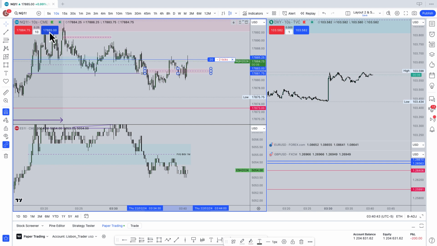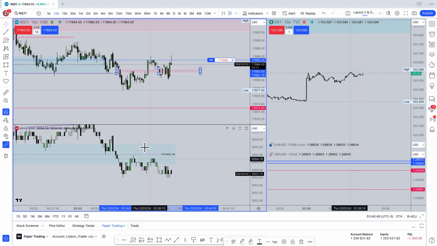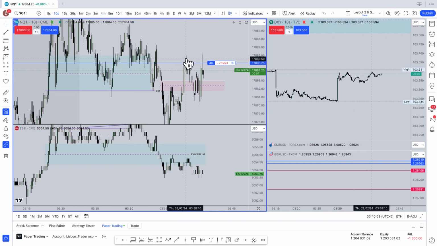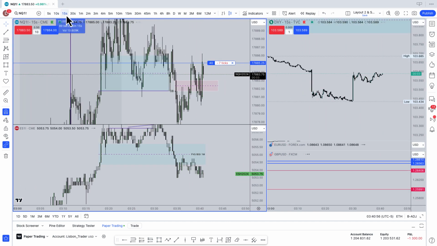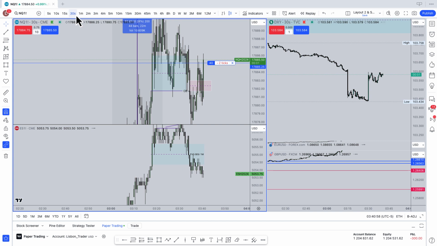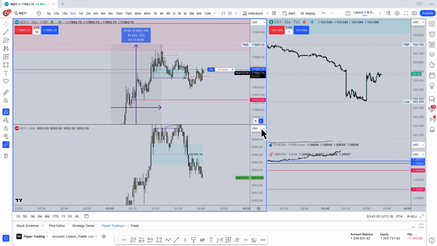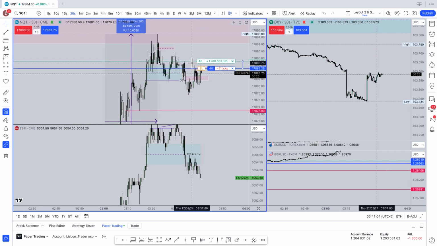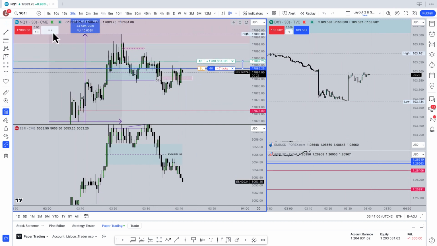Now it's going higher. It's going higher, or it just made a fake move. Yes, it's still moving lower. There's this equal lows over there. Let's tag them.